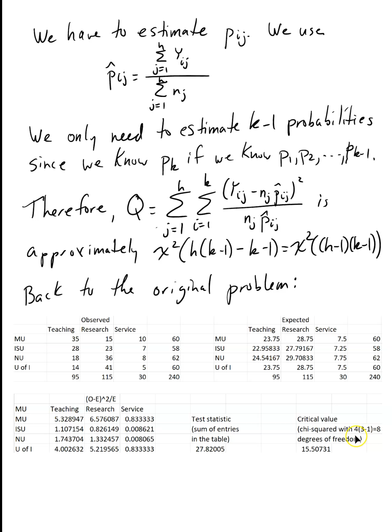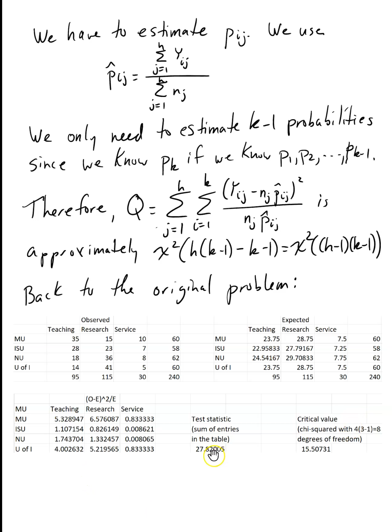So this really should be 3 times 2, which is 6 degrees of freedom, which is going to throw this value off, but it actually makes it smaller, not bigger. You should be able to go into Excel and check what this critical value is based on 6 degrees of freedom rather than 8. So this is not correct. I apologize for that again. I forgot to subtract 1 from my h.